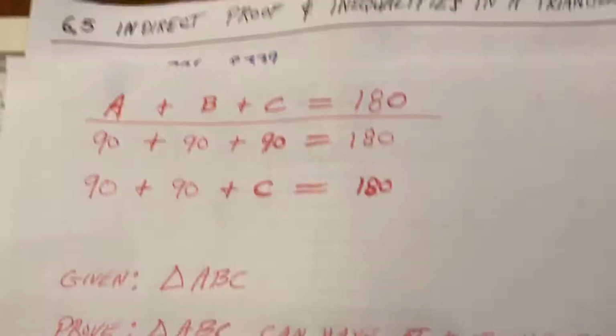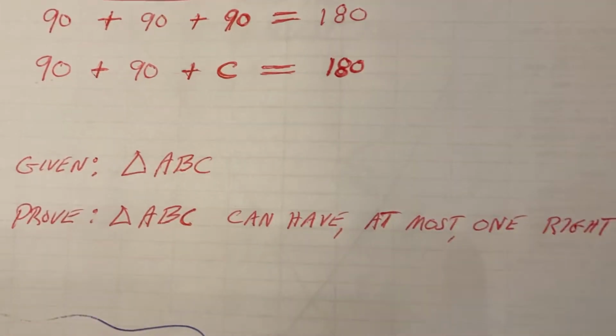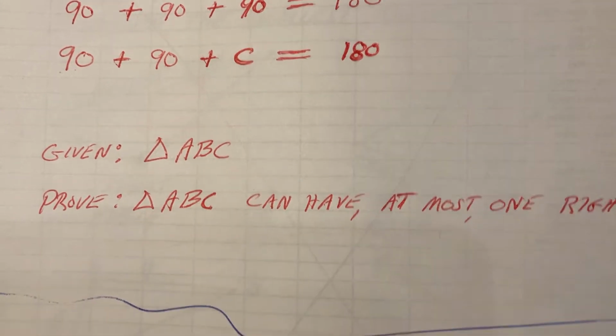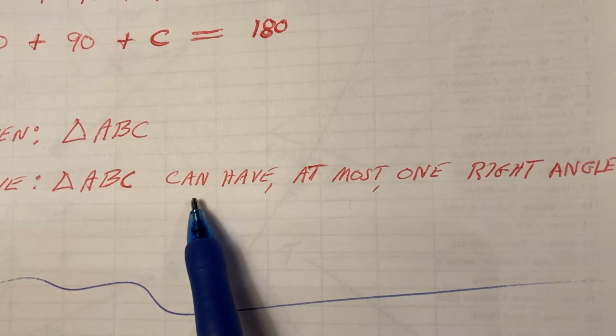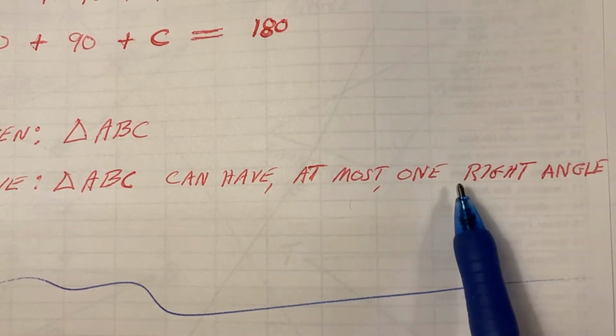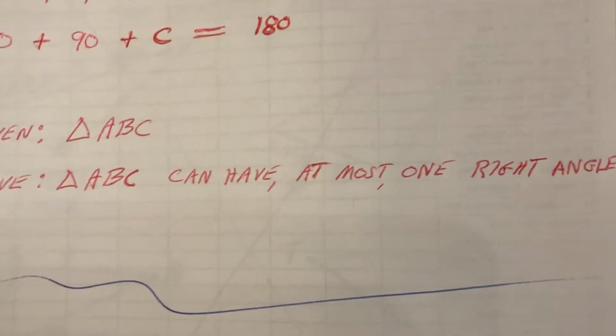This is what we want to prove. Well, let's assume the opposite. Instead of at most one, we're going to say it can have more than one right angle.